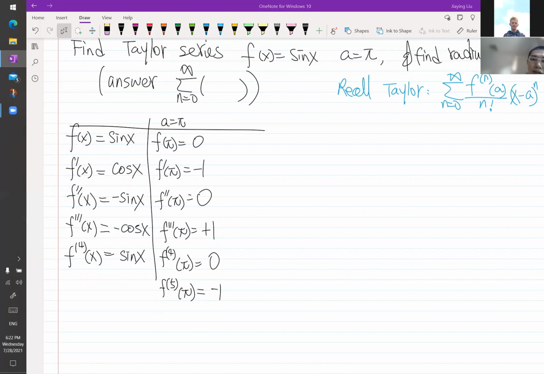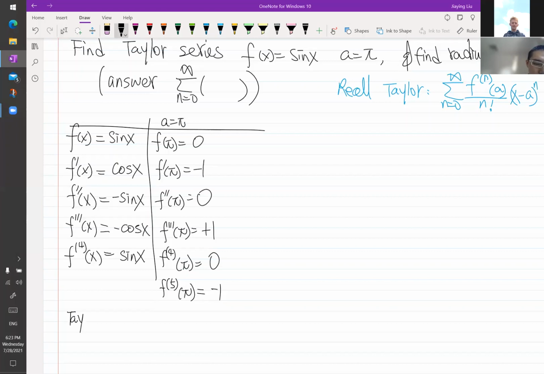Okay, so now let's take those, and there are a couple of things you could do. For this problem, it's probably easier to put them into the expanded Taylor series form first.